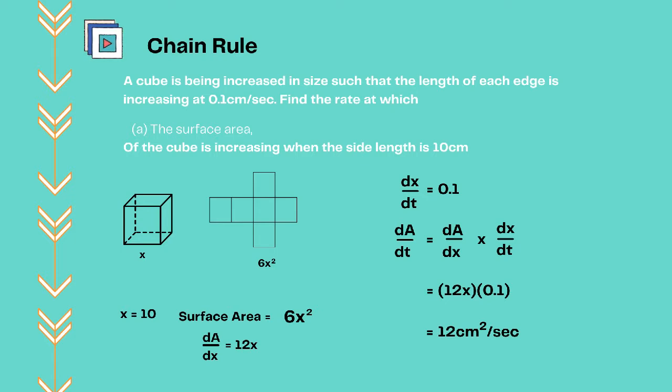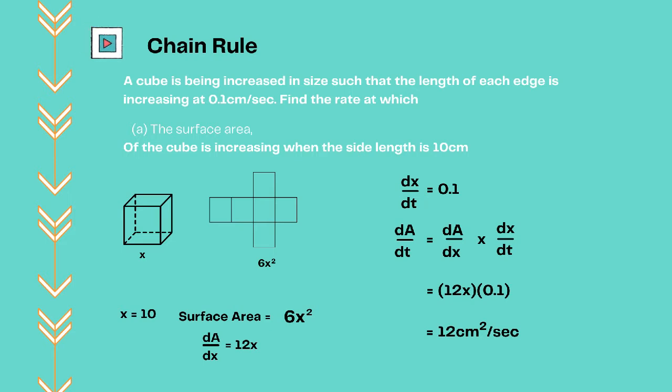The surface area of the cube is 6x squared. Then we differentiate the surface area over dx, so dA over dx equals 12x.